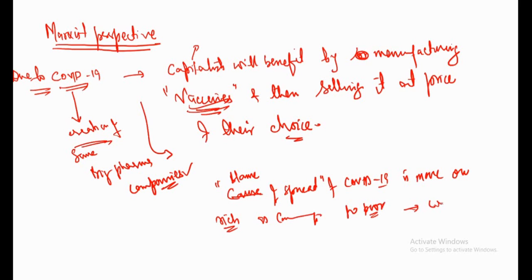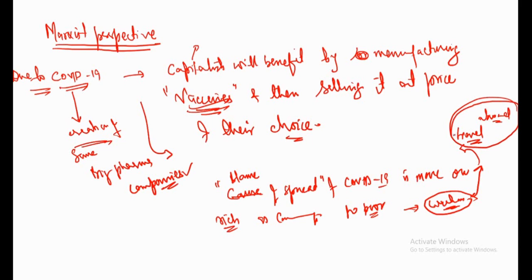When the pandemic appeared in Wuhan, you know who was able to travel abroad: the rich people. So the upper class people who can travel abroad are the cause of the spread of corona.